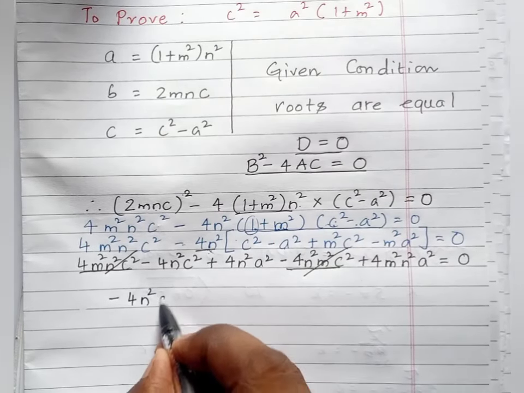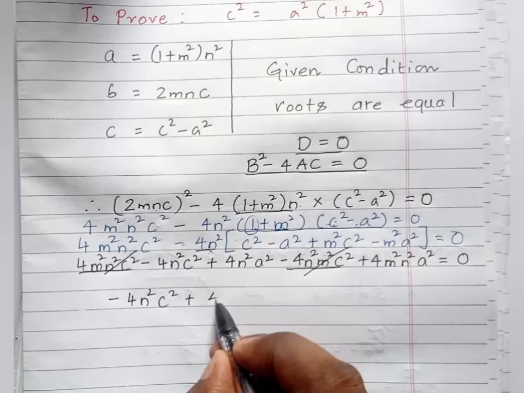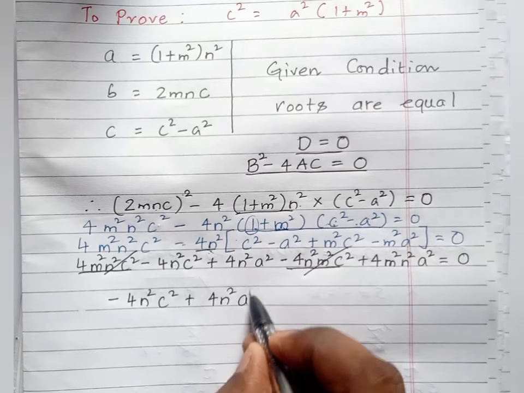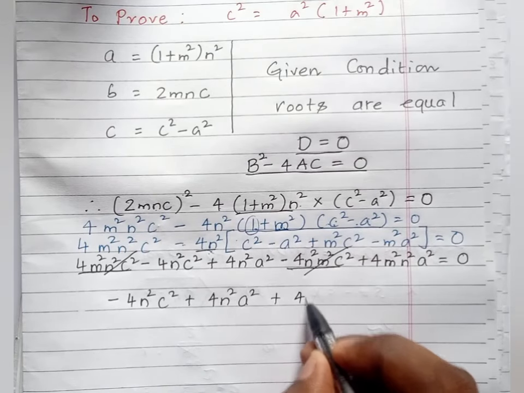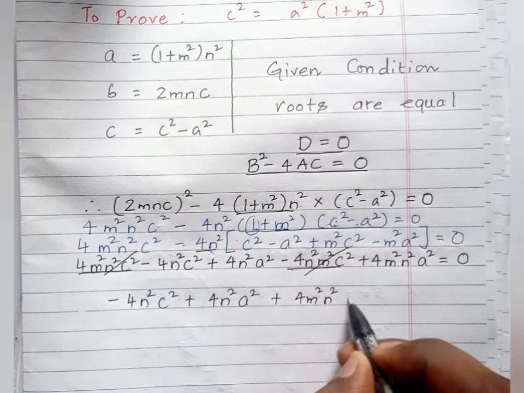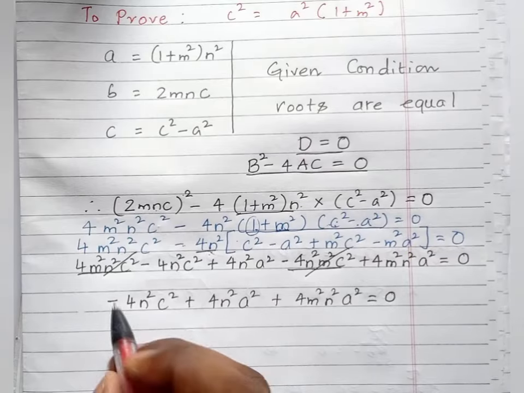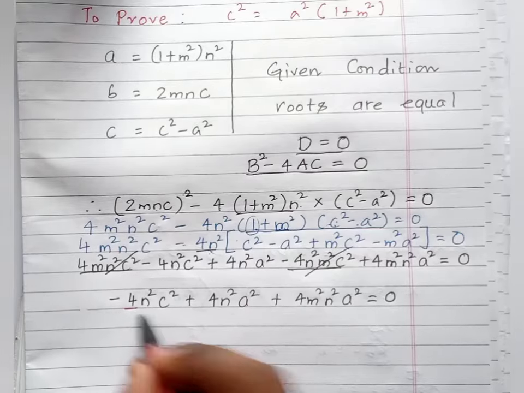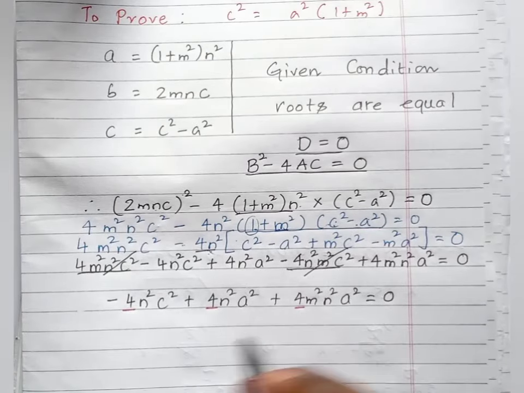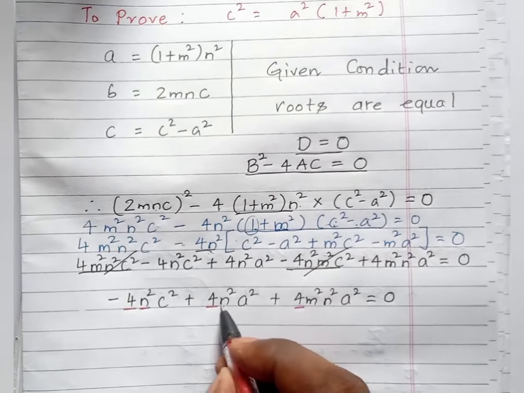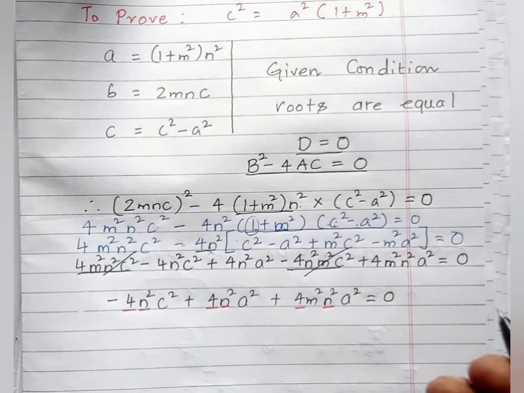Minus 4n square c square plus 4n square a square plus 4m square n square a square. If you observe carefully, we should take out the common terms. 4 is the common factor and we have n square also as a common factor.